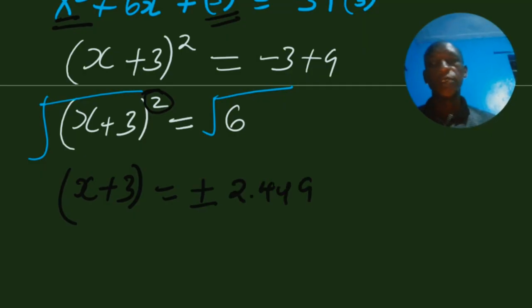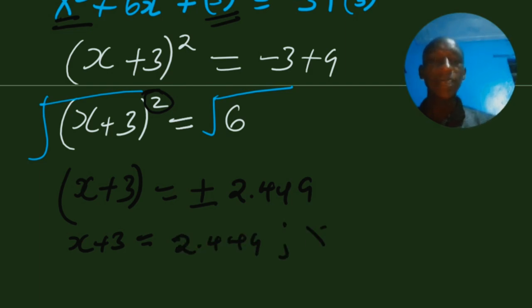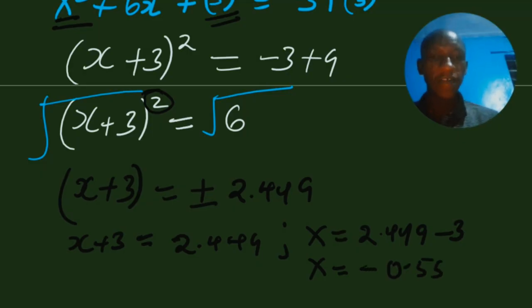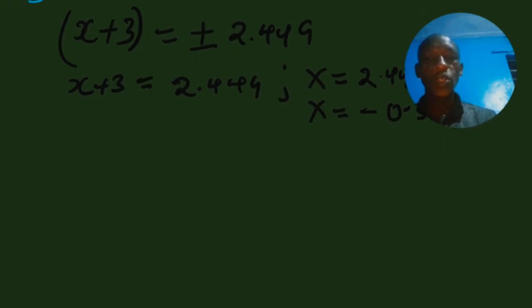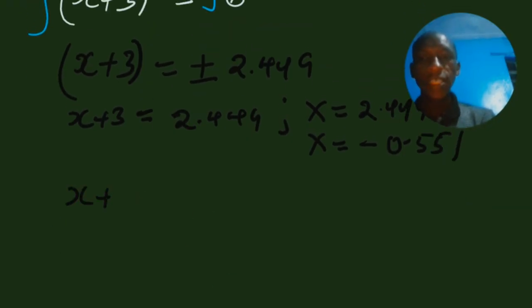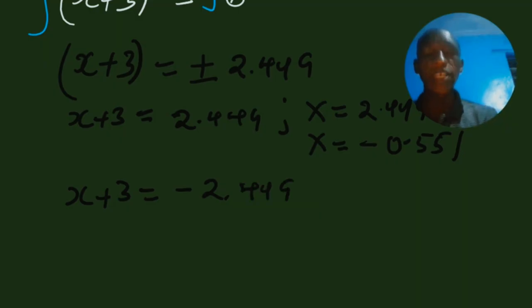So if that is the case, it means that this bracket x plus 3 could have been equal to positive 2.449. That makes the value of x to be equal to 2.449 minus 3, which makes x to be equal to what? Negative 0.551. Or x plus 3 could have been equal to negative 2.449.